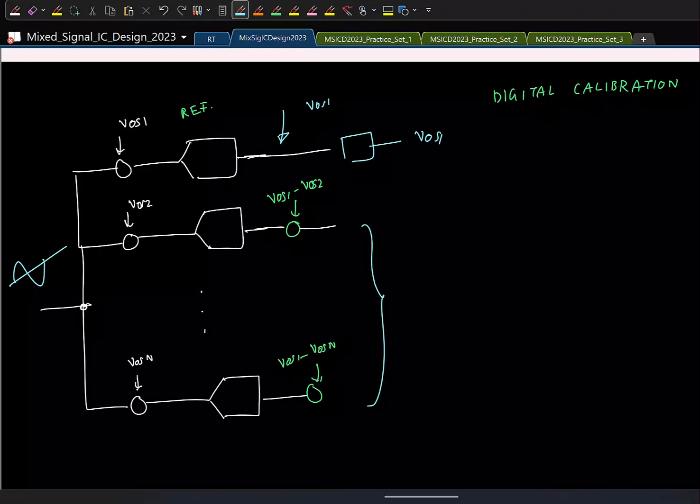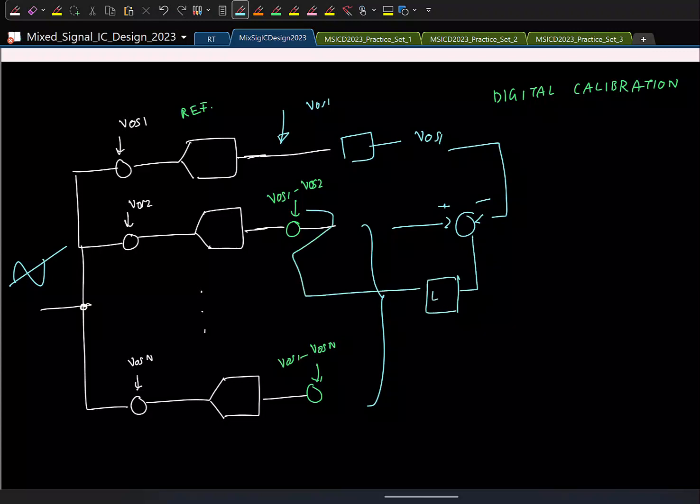You do the same thing here also. I want to keep the average in each of these channels equal to this. So for each channel, you compare, and then have some kind of an optimizer, and then go and change this.